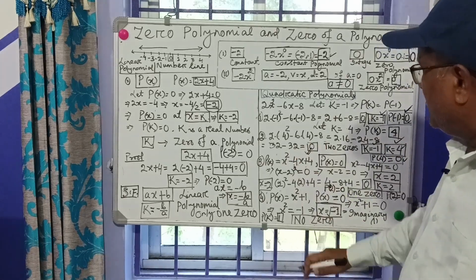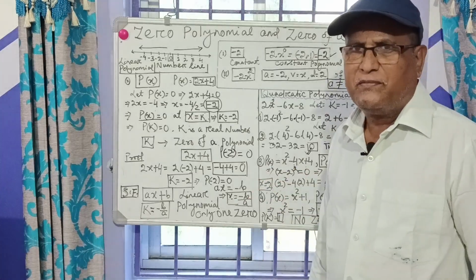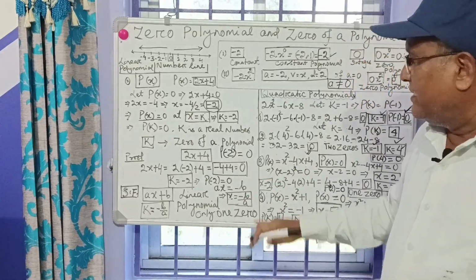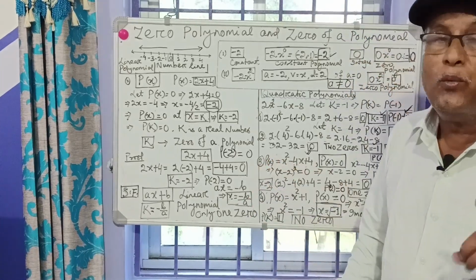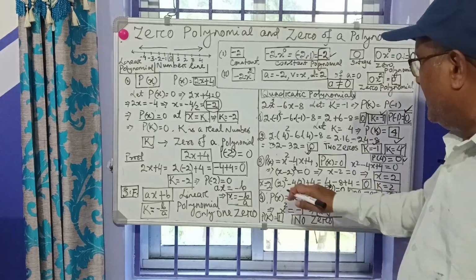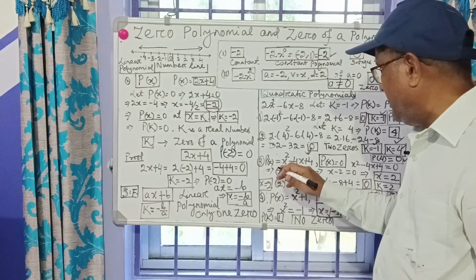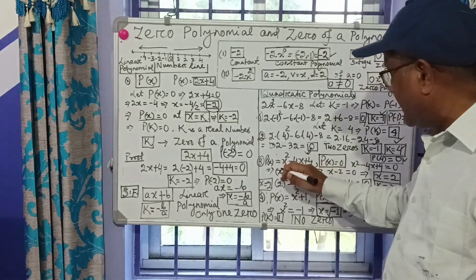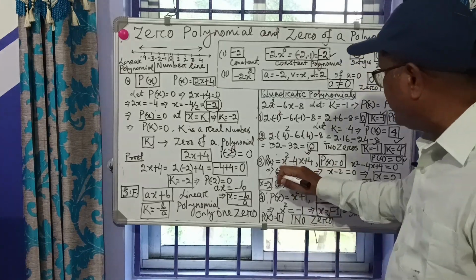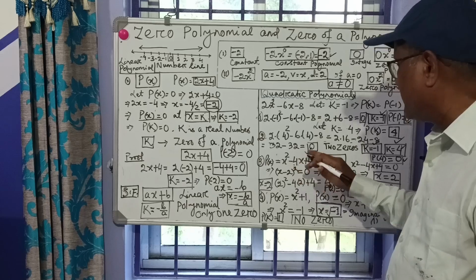So come to another example where the polynomial has only one zero. Now you see p(x), we have taken another example. This is a quadratic polynomial, x square minus 4x plus 4.